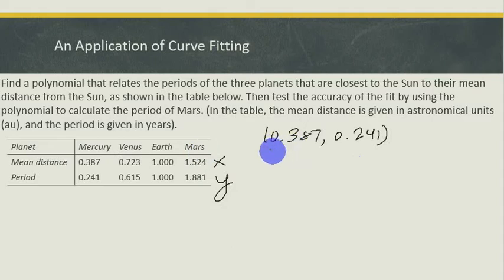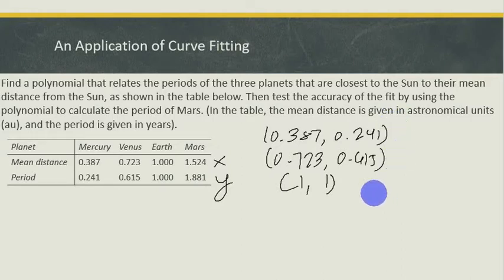For Venus, we have 0.723 for the mean distance and the period of 0.615. For Earth, it's 1, 1.000, it would be the same. So we can use these 3 points to find a polynomial that would relate the mean distance and the period.